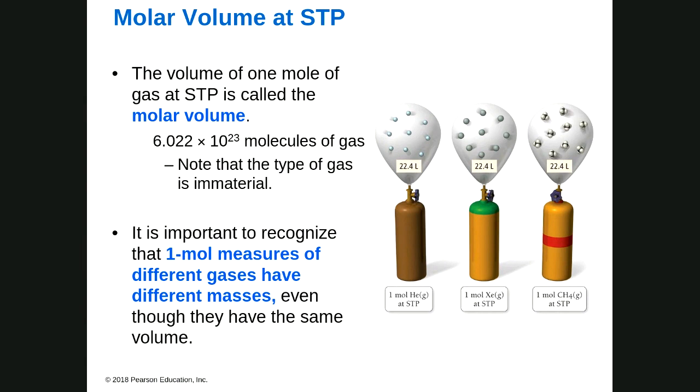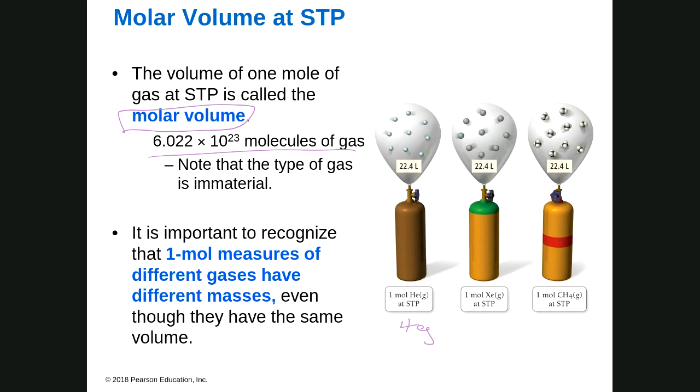But since gases are compressible and they move differently, the molar volume is what you have for 6.022 times 10 to the 23rd molecules of gas. But what's interesting is if you had a mole of helium, you would have a different amount in grams than you would, right?